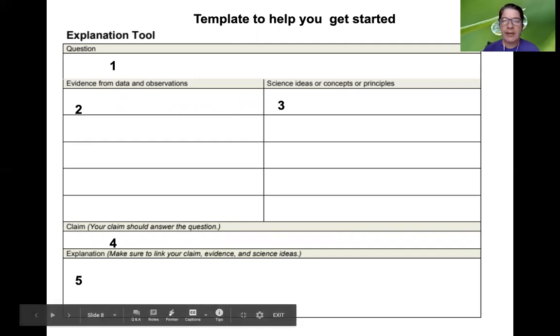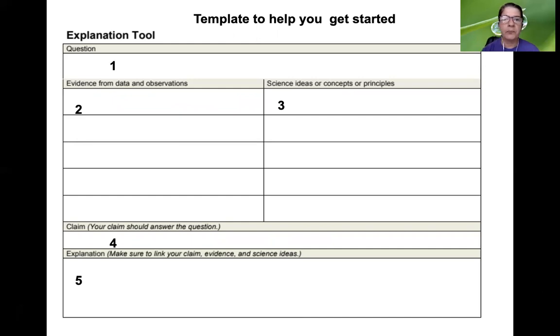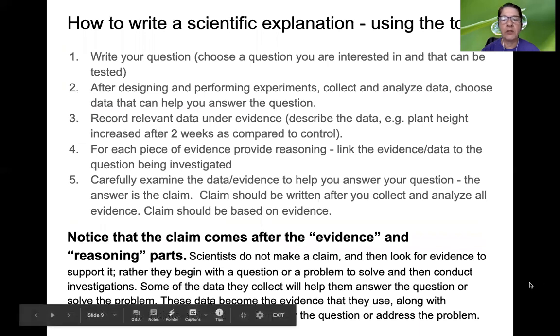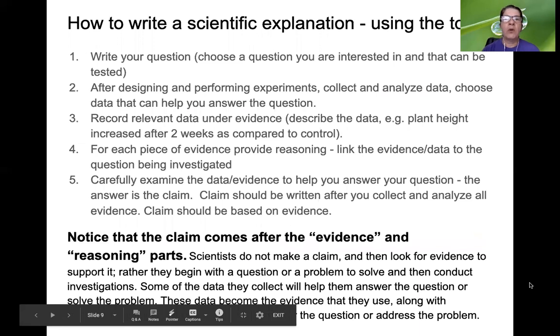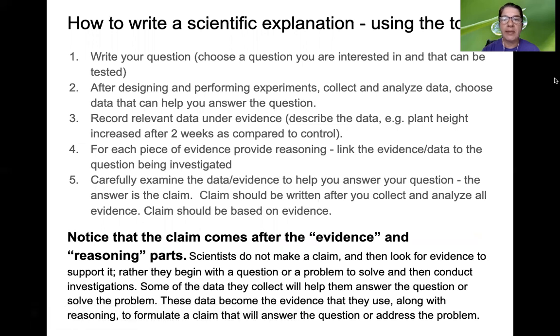And in the next slide, I will show you what this order is, but the template here is labeled for you. First, we start with a question, right? Number one is the question. So you need to write your question. Basically, you're choosing a question that you're interested in and that can be tested.